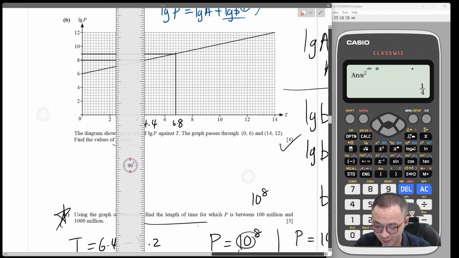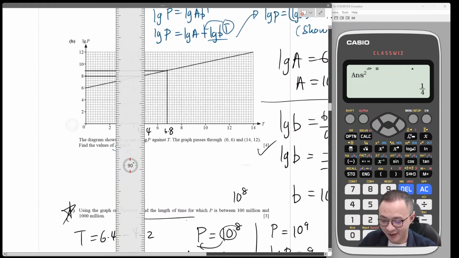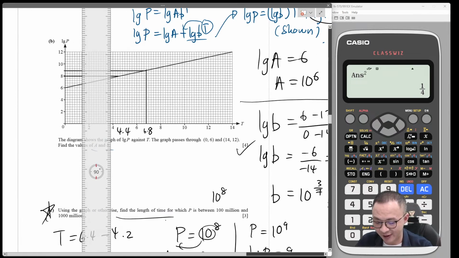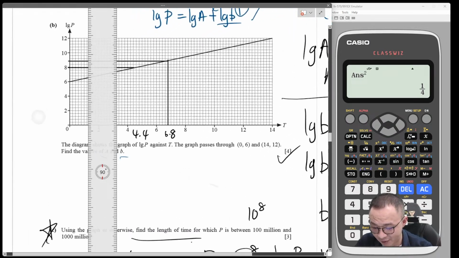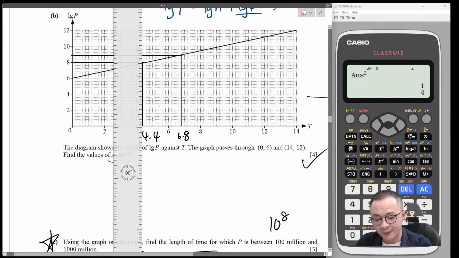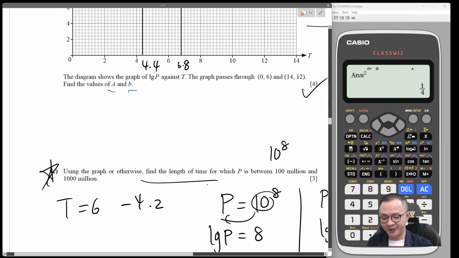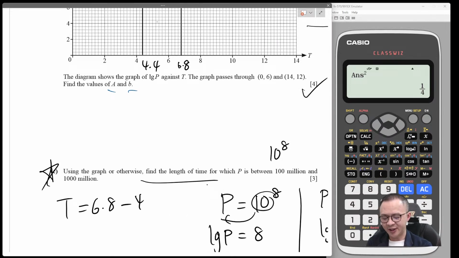Oh my god, so hard, man. Microsoft doesn't let me move the thing. So I kind of need to zoom in to actually see carefully. Okay, it's here. So yeah, it's 4.4. So this one should be 6.8 minus 4.4. So it's 3.4.